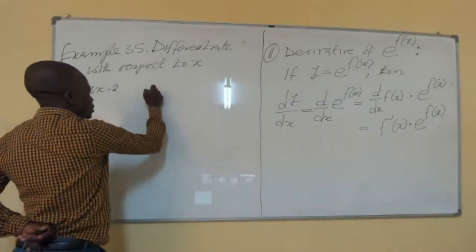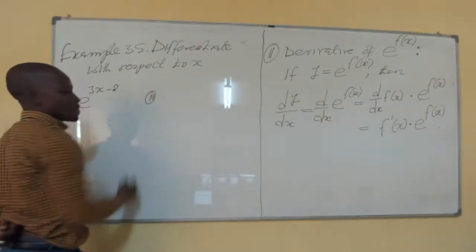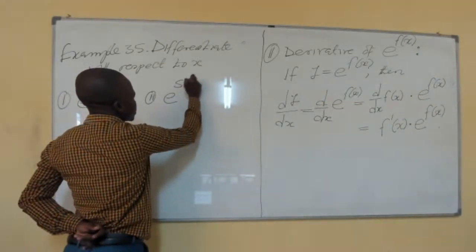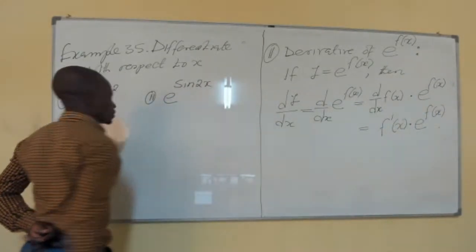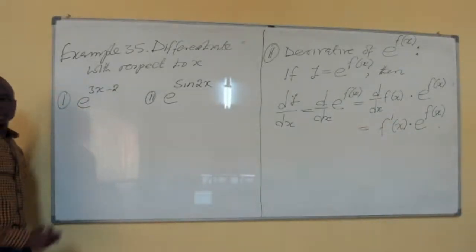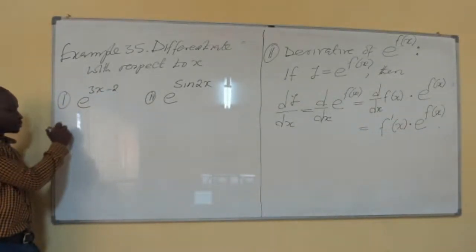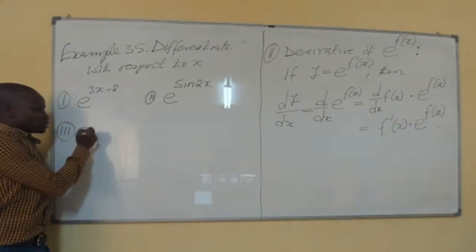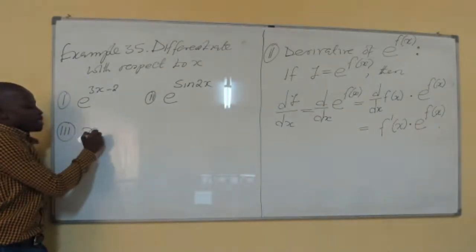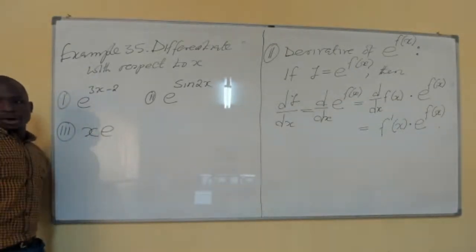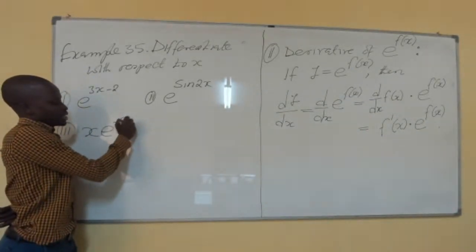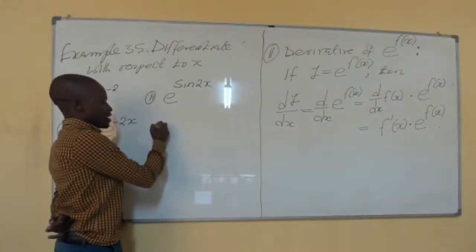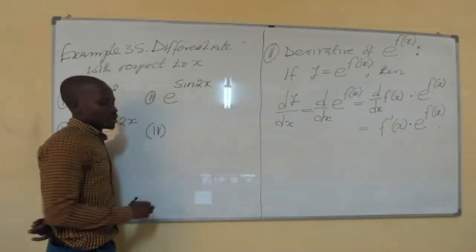The second one is e to the power sine of 2x. The third one is e to the power negative 2x. The last one, but not the least, is e to the power ln of 2x divided by 2x plus 3.